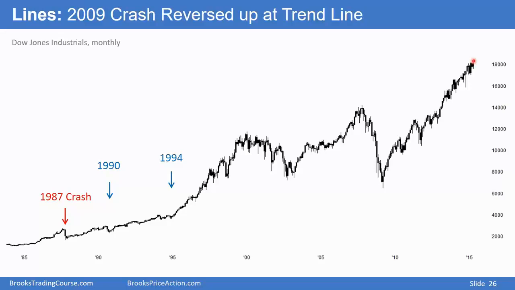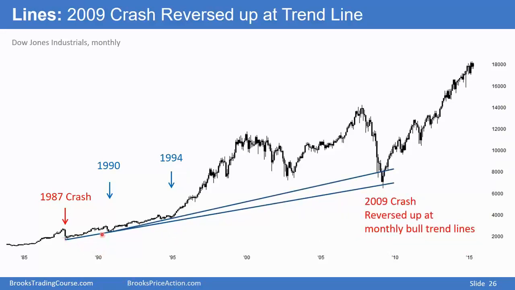For example, look at what took place since then. Here's that 1987 crash. As disastrous as it looked at the time, it looks like nothing today. We had a big reversal down here, another big reversal down there. But we reversed up. We reversed up. I can draw lines. Look at this, the 2007, 2008, 2009 collapse. It ultimately reversed up, but where did it reverse up from?